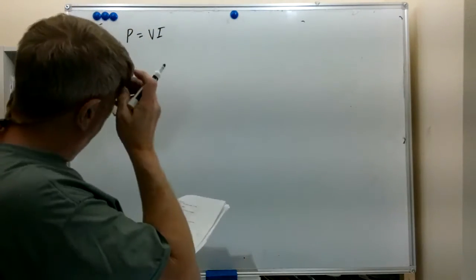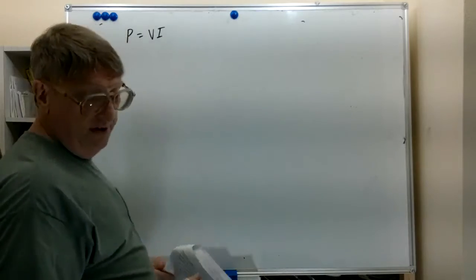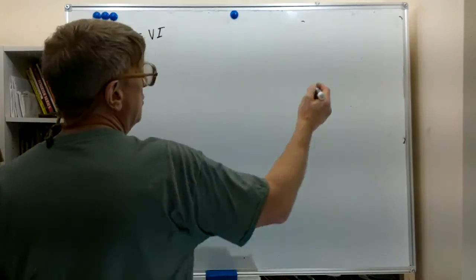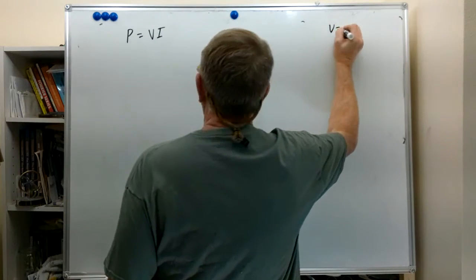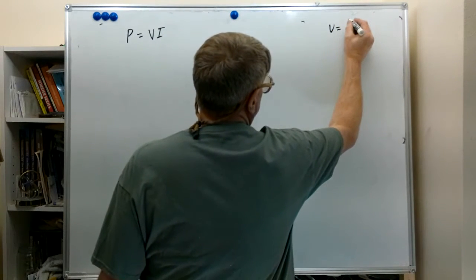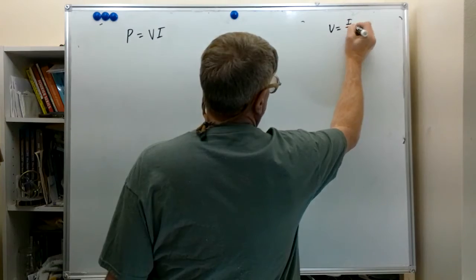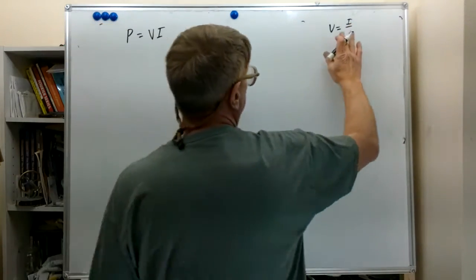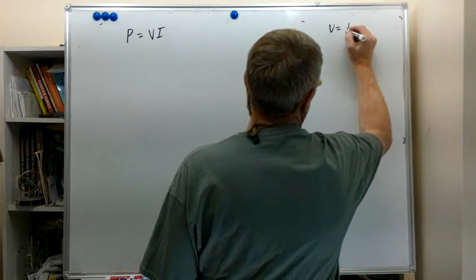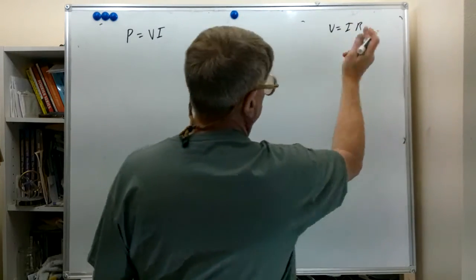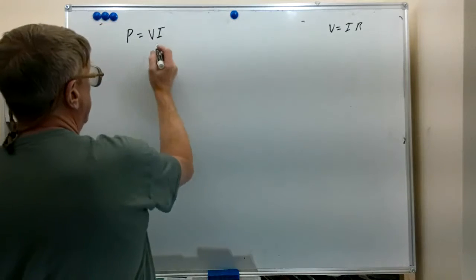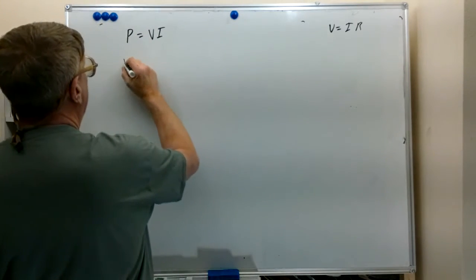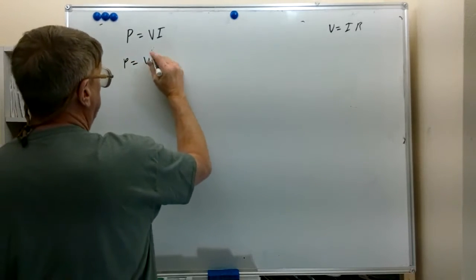Now we're going to do like we did before. We're going to substitute in. We want to get rid of the voltage, and we know from Ohm's law that voltage equals current times resistance. So we're going to substitute into power equals voltage times current.